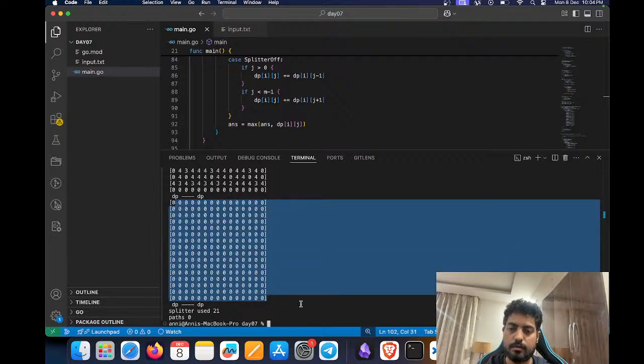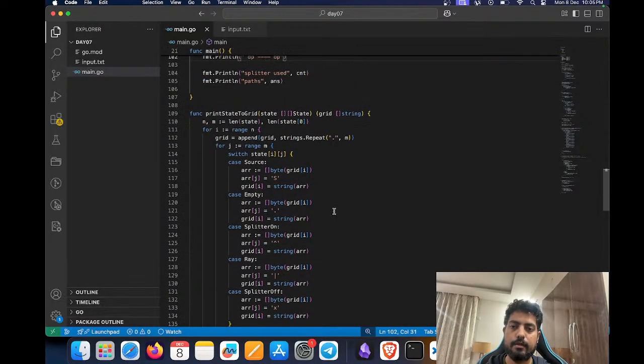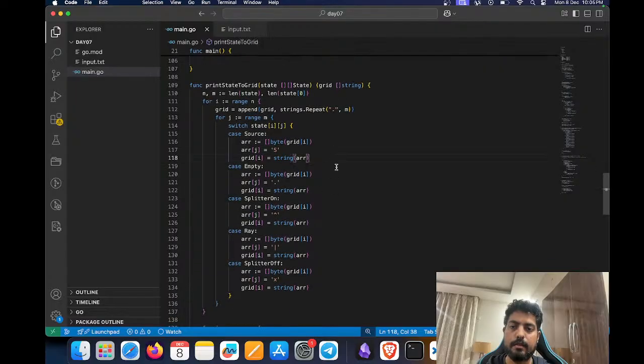Oh, so nothing changed here. Is it because of this thing? Because we did not modify the state where the last row is a ray. So we can just go ahead and do that just here.